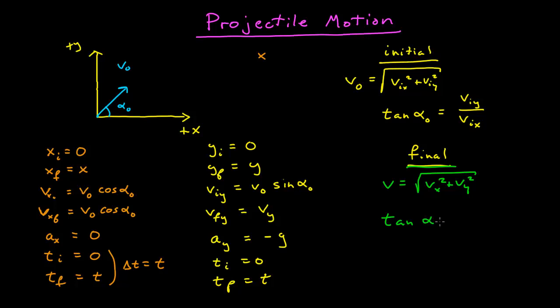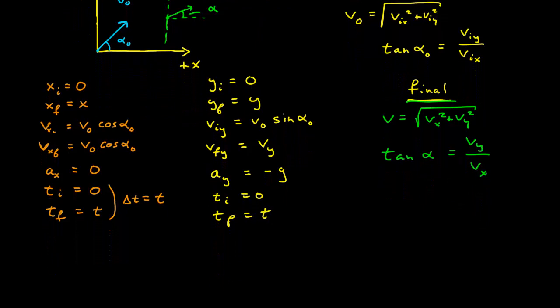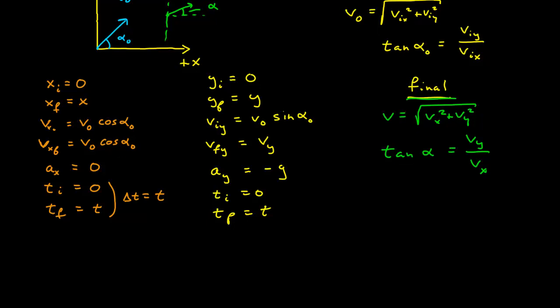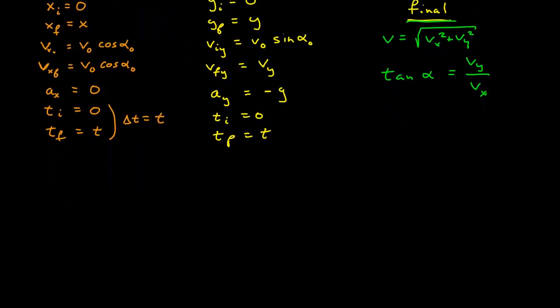If our final velocity, at some time later, makes a different angle alpha with the horizontal, the tangent of that angle is equal to the final y component over the final x component of the velocity. Those are the expressions that we know. Now let's use this in general for our kinematic equations and see what we come up with.